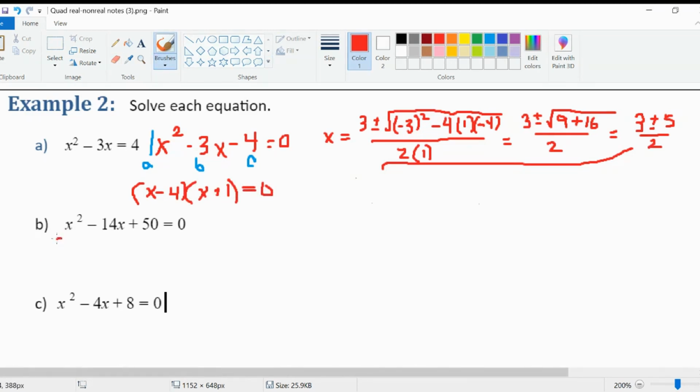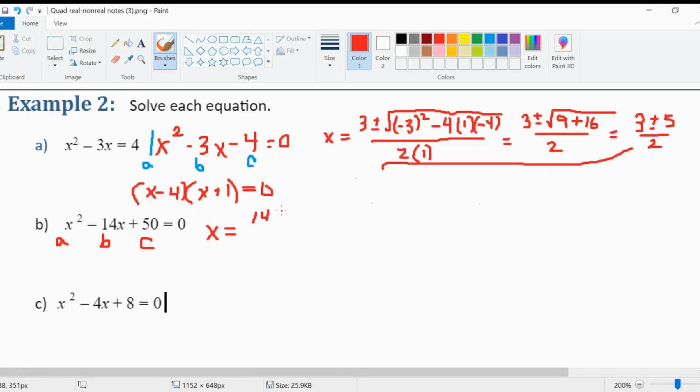So our A is going to be 1, our B is going to be negative 14, and our C is going to be 50. So we can put that into the quadratic formula. So we'll have x equals, and I didn't need to worry about solving it for 0 because it is already set equal to 0.